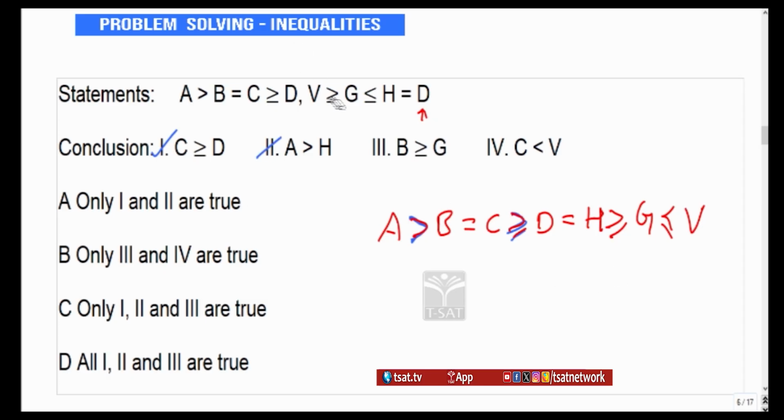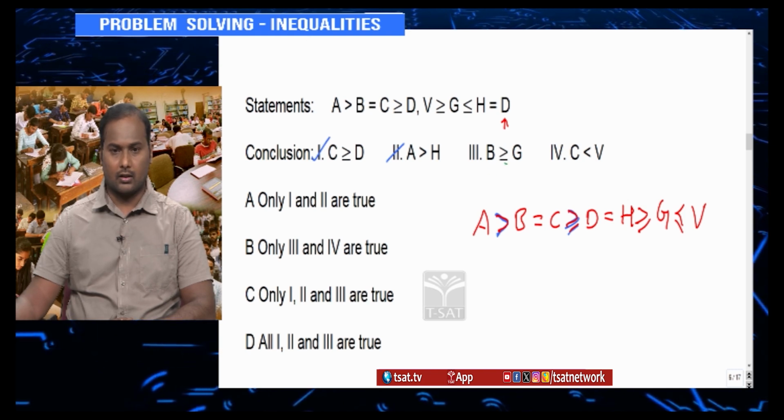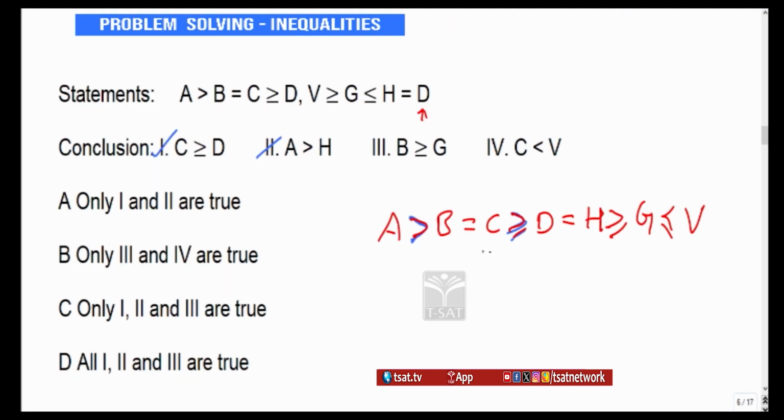Let's take conclusion 3. In conclusion 3, B is greater than or equal to G. So take the two letters B and followed by G here. Now he is asking whether B is greater than or equal to G. See in this case, the symbol greater than or equal, here the equal symbol is there. Whenever the equal symbol is there, you can directly write B here, it doesn't matter.